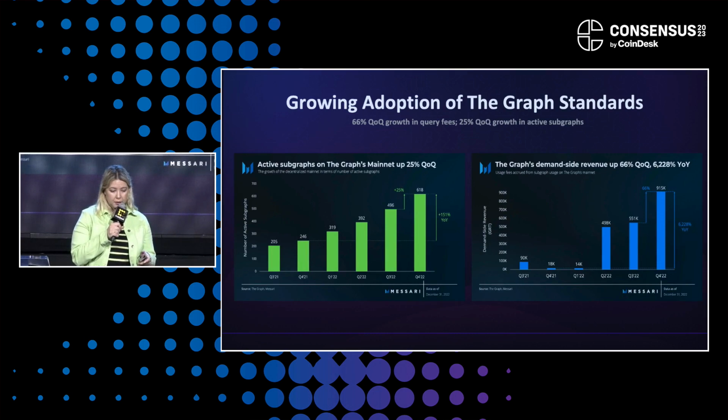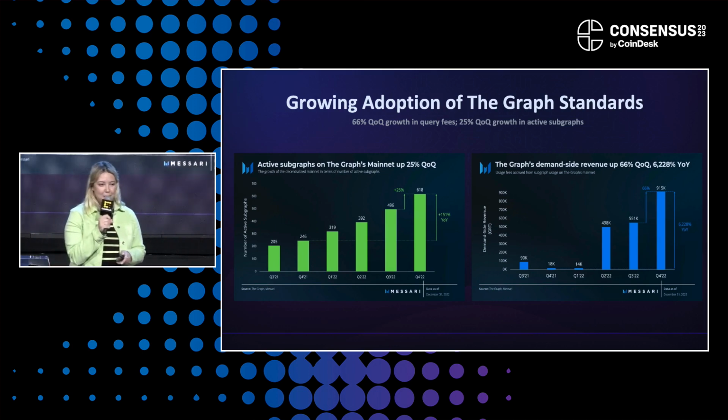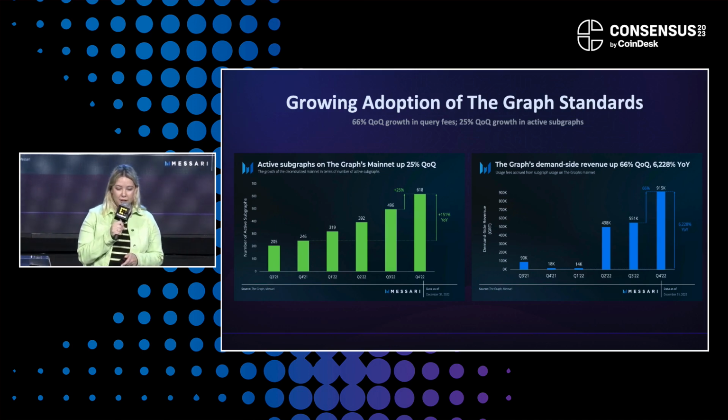Another view from Messari of Q4. And what's really exciting to me from this graph, just timing-wise, I think Luna and Terra happened in Q2. So there might be a story here about how teams are really picking up on decentralization.